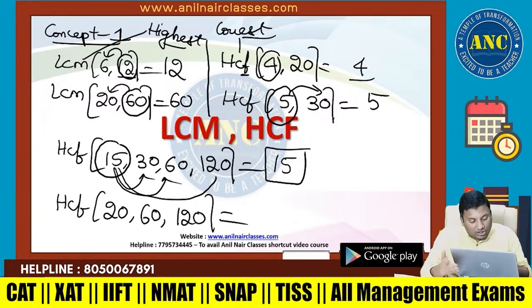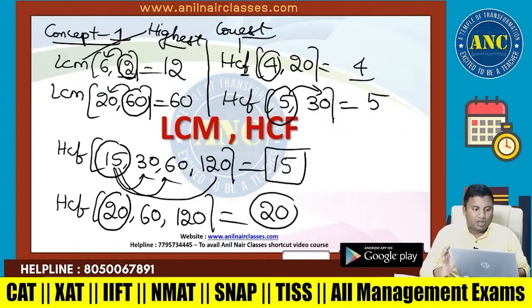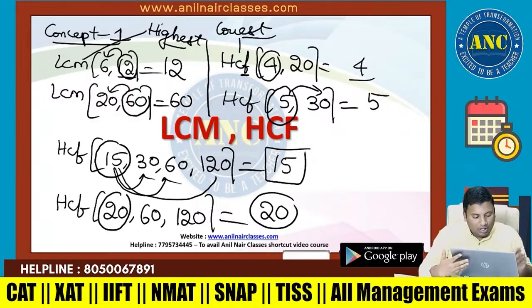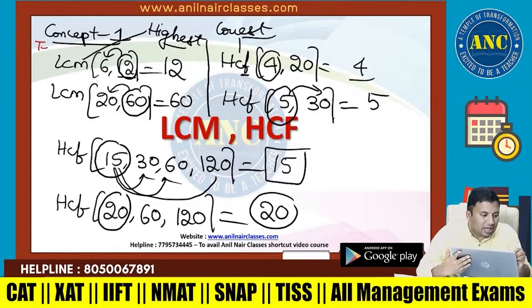Take the smallest value. Smallest value is 20. Does 20 divide 60? Yes. Does 20 divide 120? Yes. So answer is 20. I hope type 1 in LCM and type 1 in HCF are both similar. This is type 1.